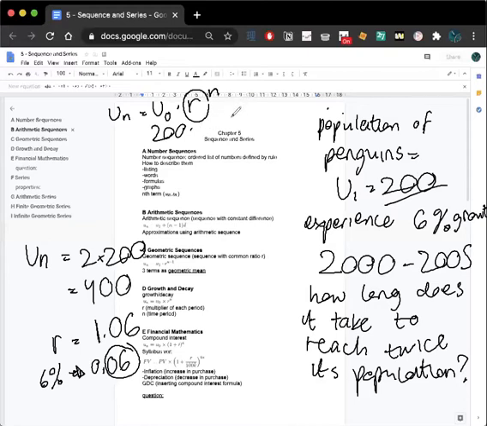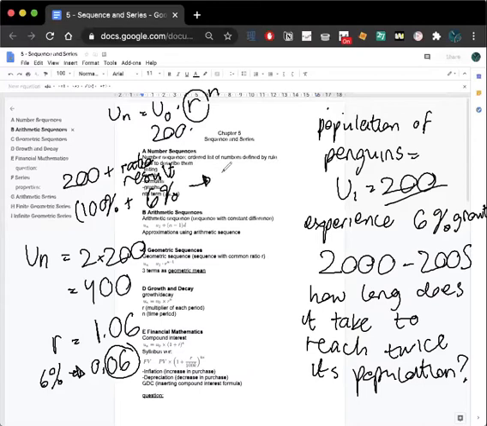But you want to see its total growth, so you want to see the population staying as 200 plus an extra of the ratio of the growth. So this should be 1 or 100% plus 6%.